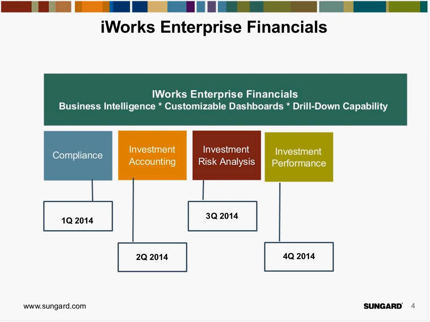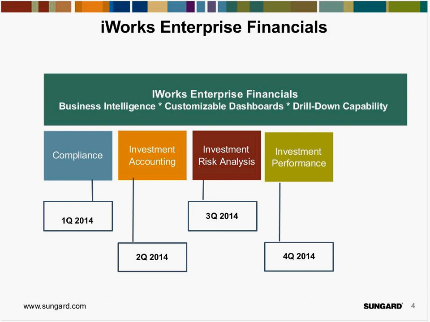That's how iWorks Enterprise Financials can help you with that. Enterprise Financials uses business intelligence to develop customized dashboards for our clients that are using us right now in a hosted environment, which would be E-Link or a BPO, to help them with their compliance needs, their investment accounting, reporting, risk analysis, and now investment performance.